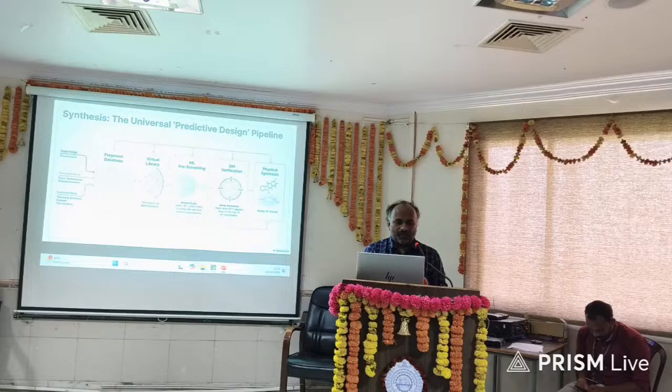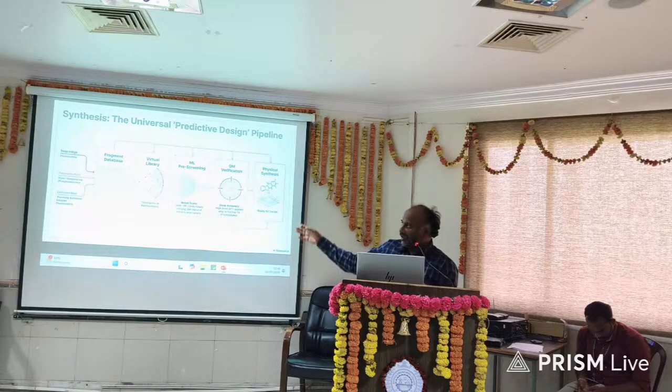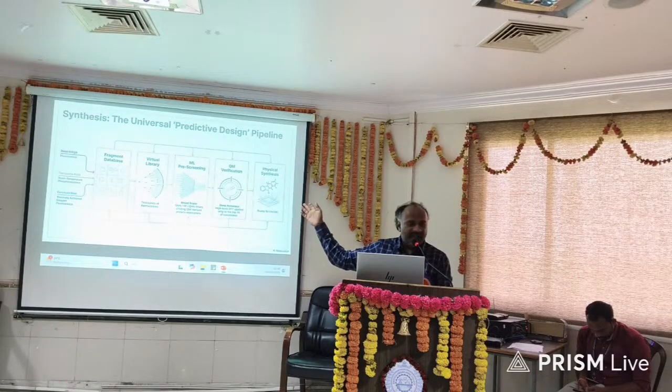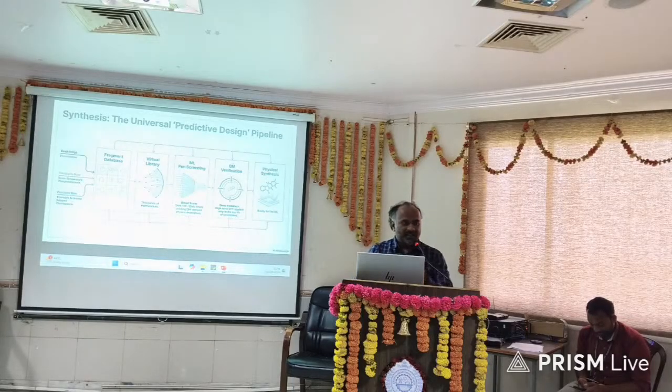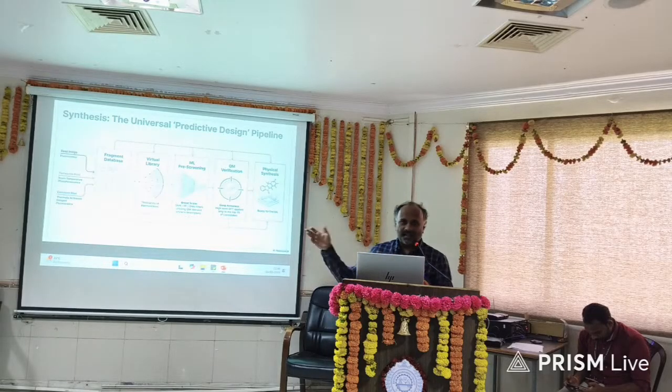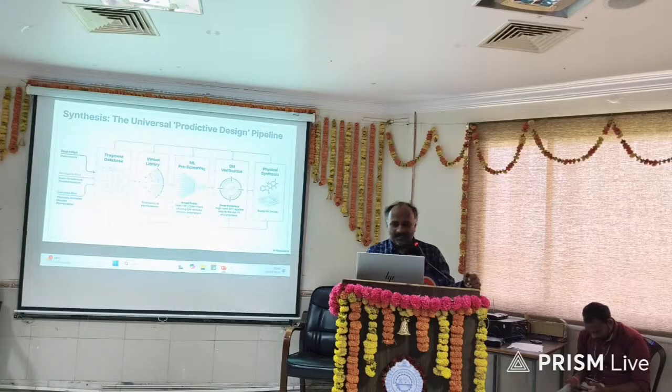So this is how we can start with our room temperature fragments. These fragments can act as a library and generate a library of molecules. Machine learning can pre-screen it. Quantum mechanics will do the first level of screening. Then we can go for synthesis. So this is the flow chart of designing or accelerating materials discovery.